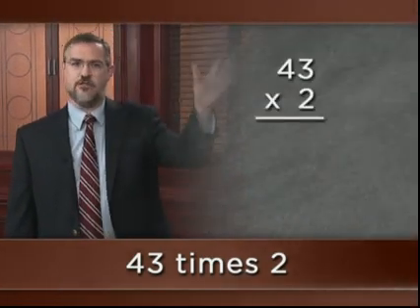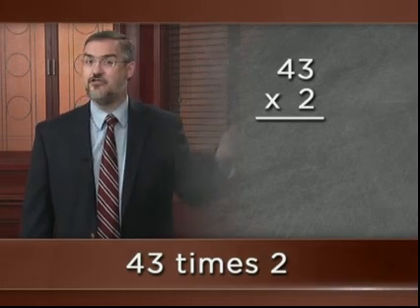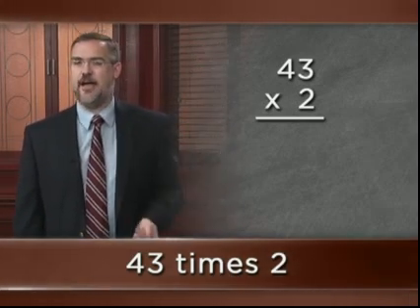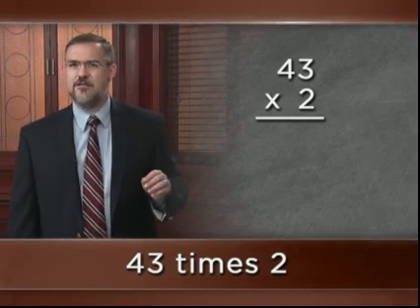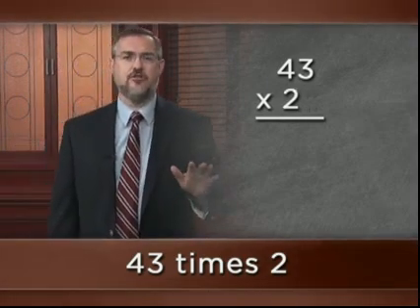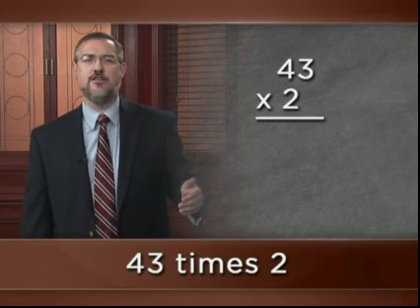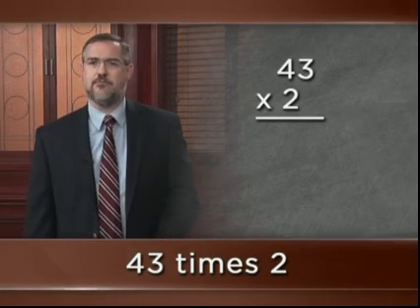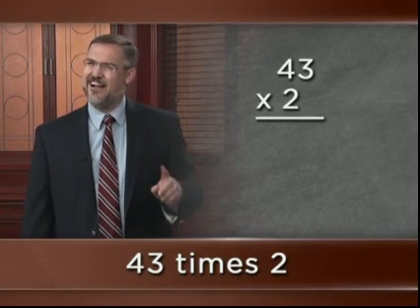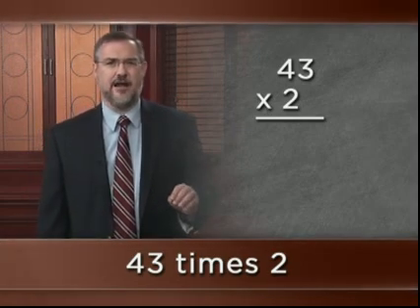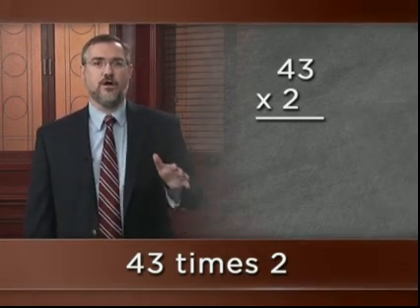In other words, I'm going to write the 43 on top and then times 2 just under that. Now, I should comment that you do not have to line up the units digits the way we did with the addition and subtraction problems in the previous lesson. I think it's still really wise to do that, however, so that's what we will do throughout this lesson. We're going to keep lining things up just as we did before.